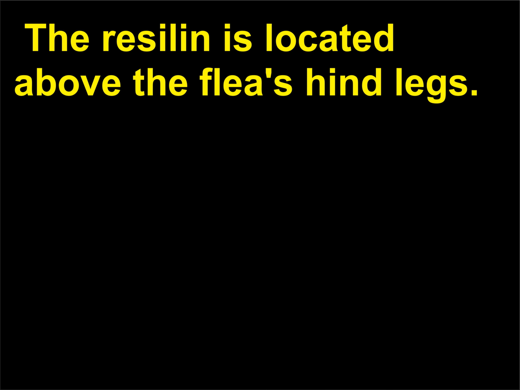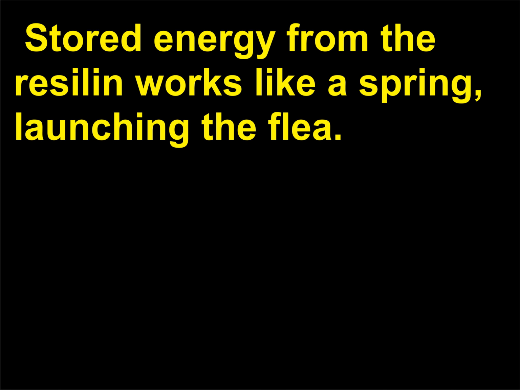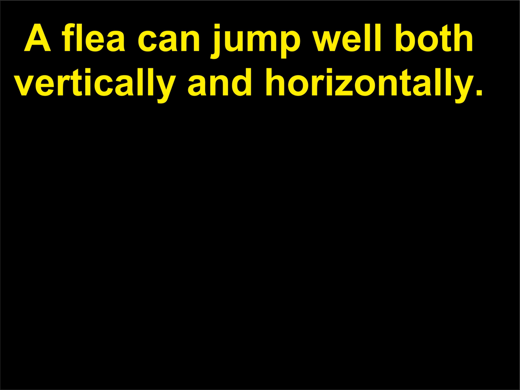The resilin is located above the flea's hind legs. To jump, the flea crouches, squeezing the resilin, and then it relaxes certain muscles. Stored energy from the resilin works like a spring, launching the flea. A flea can jump well both vertically and horizontally.